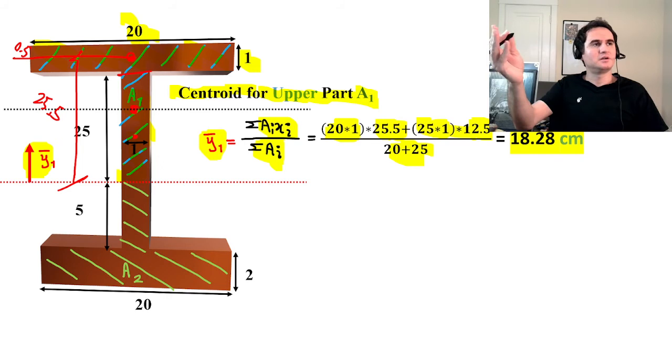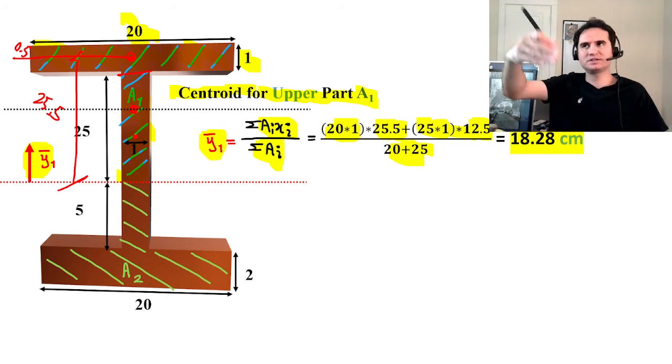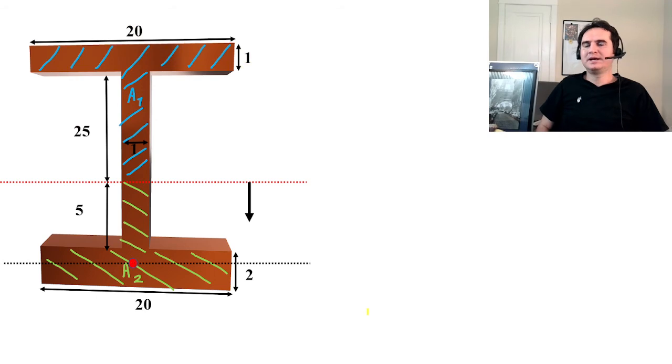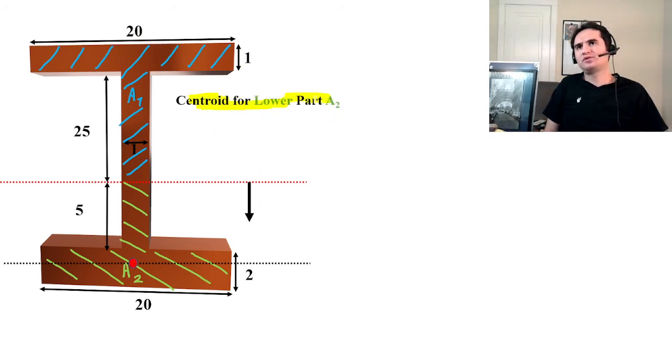That's the area chunk of the web in the upper section and the top flange. If you do the math, it gives you 18.28 centimeters.